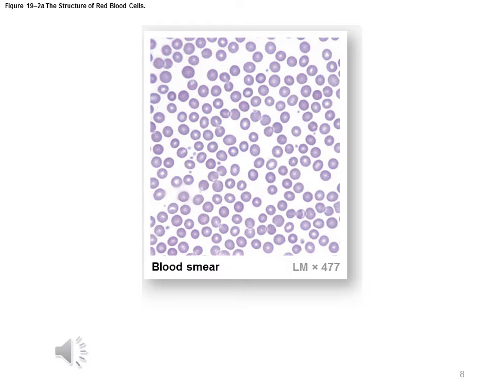Now, if you take a hematocrit, usually this is on a machine, and if we were in the lab, we would be doing this on a machine, but we can also measure it within a capillary tube. We can measure it with a special plate, or we can measure it with a ruler. So we'll be doing that in lab.